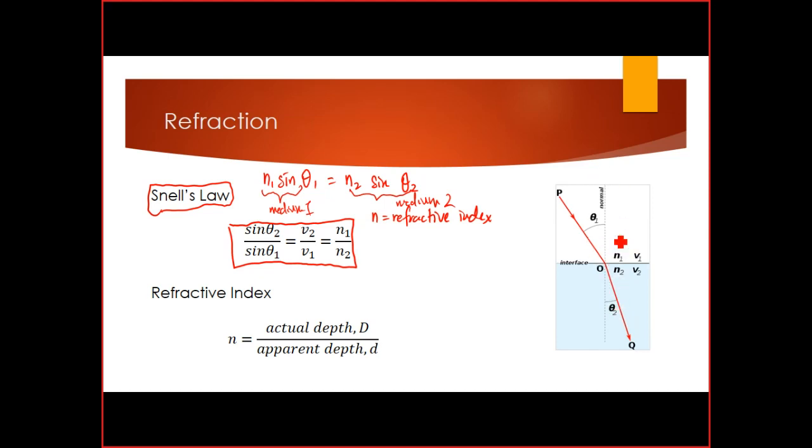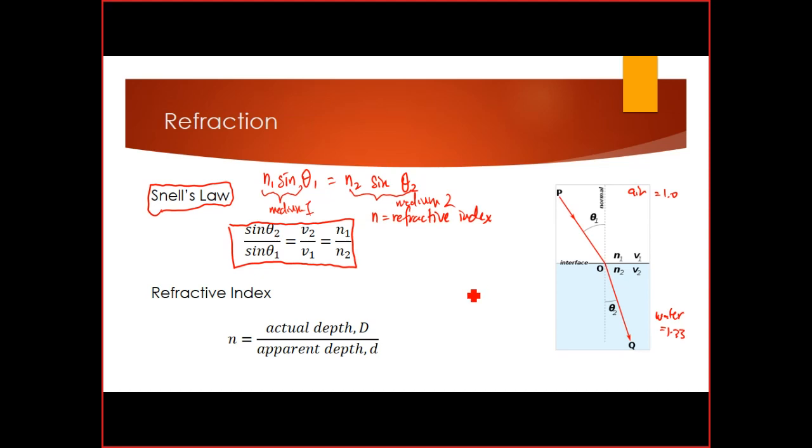Most of the time for your level, the easiest one is going to be air and water. This is the typical stuff for SPM. The refractive index for air is 1.0, and the refractive index for water is 1.33, just in case you don't remember.